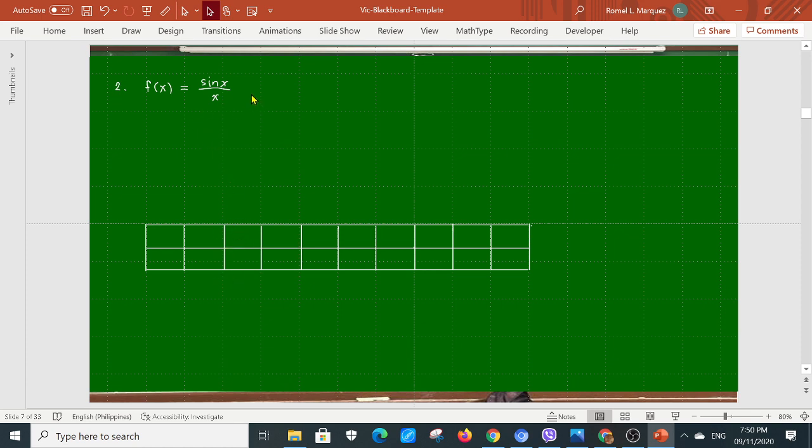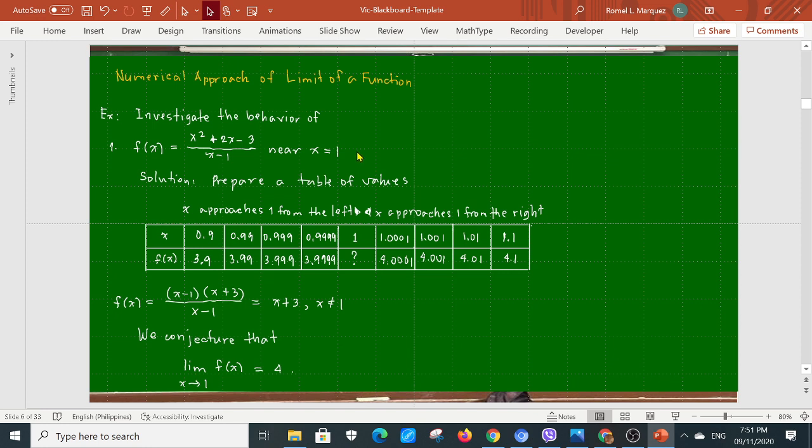I want near x equals 0. So investigate numerically the behavior near x equals 0. So that's why we have no choice but to do this.